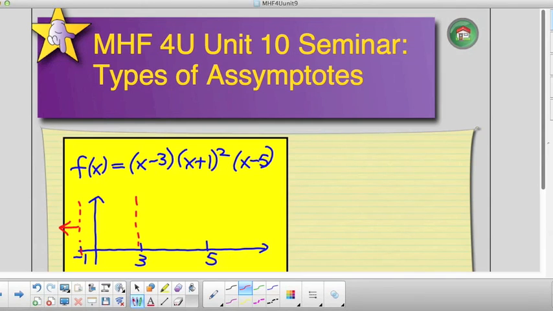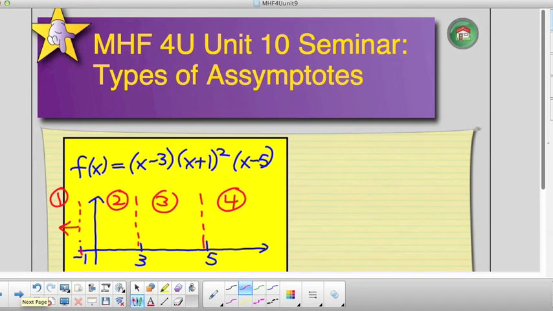Between -1 and 3? Between 3 and 5? And then beyond x equals 5? So my graph is going to be divided into 5 sections.